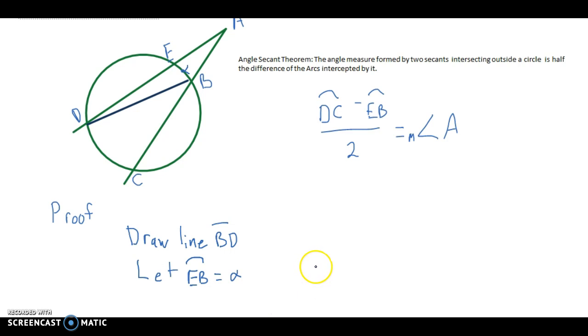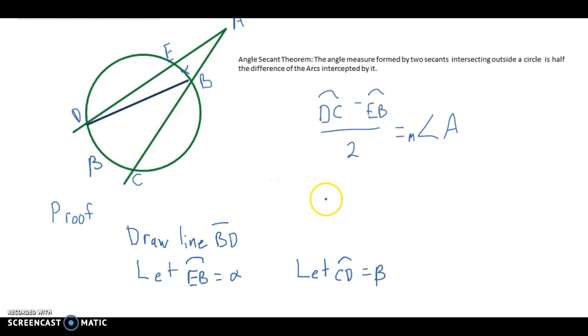and while we're at it, let arc CD equal beta. So we'll call this beta. So we have alpha and beta here.